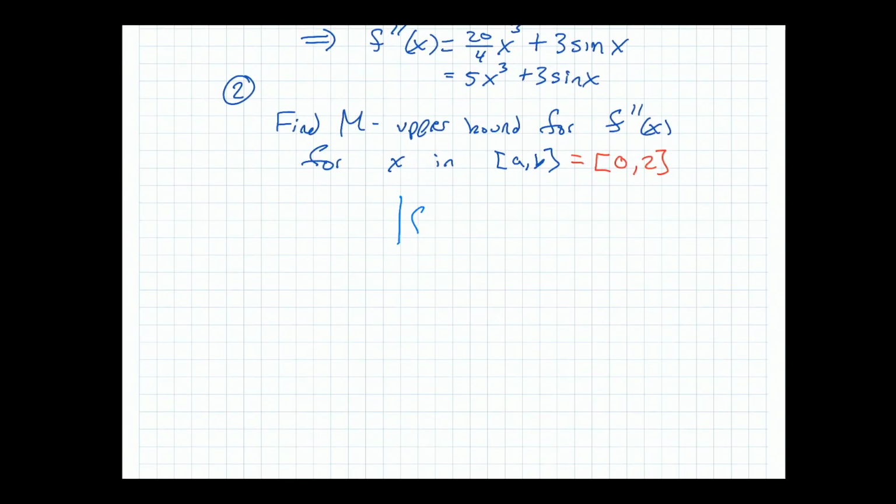So you write f double prime to start with, put it in absolute value, and say that is equal to the absolute value here. Now here's a property you need, called the triangle inequality.